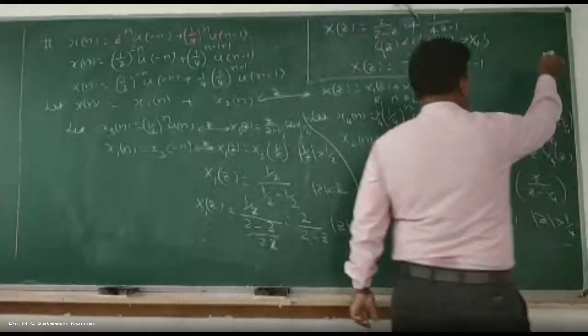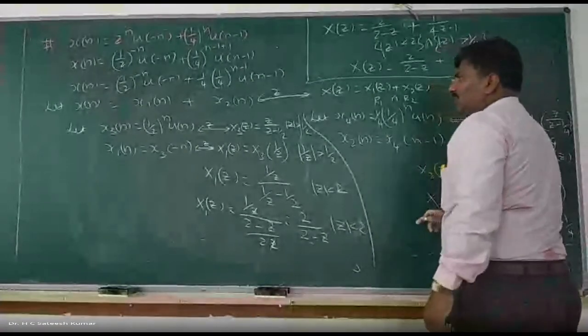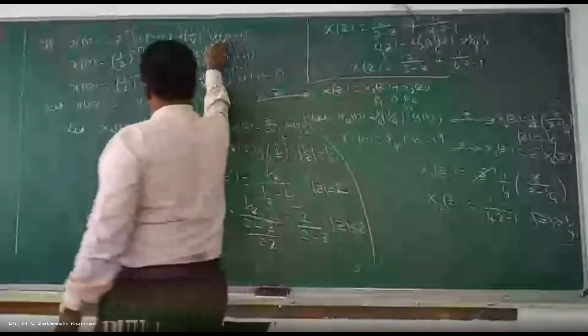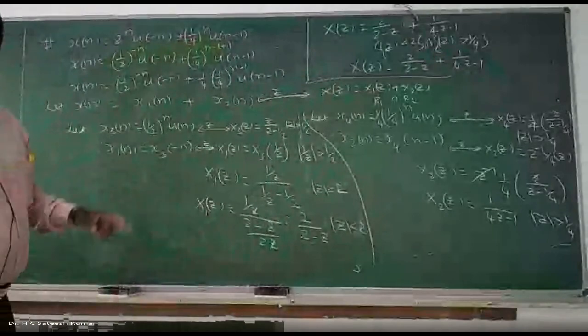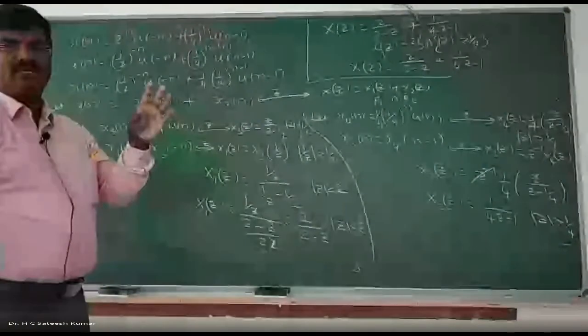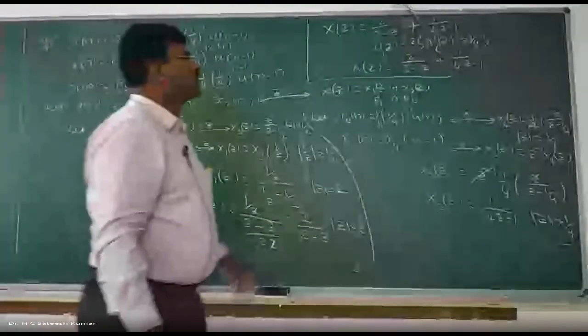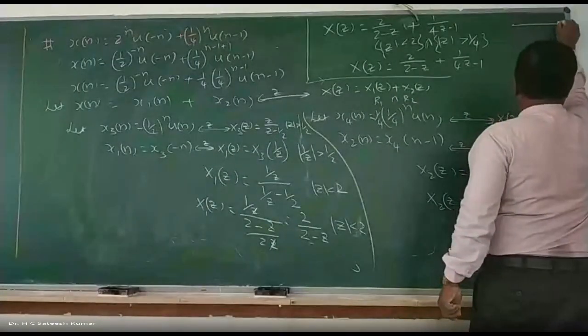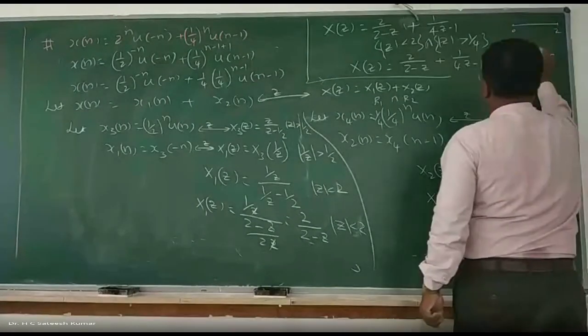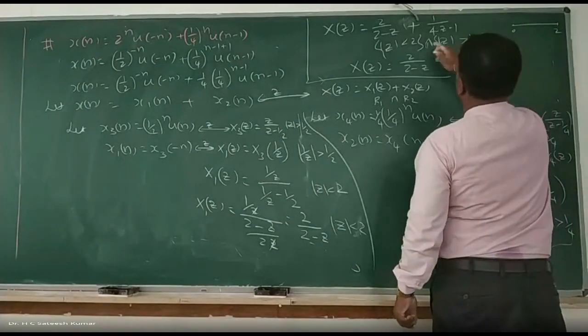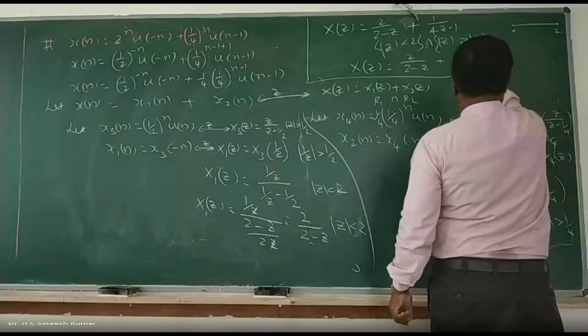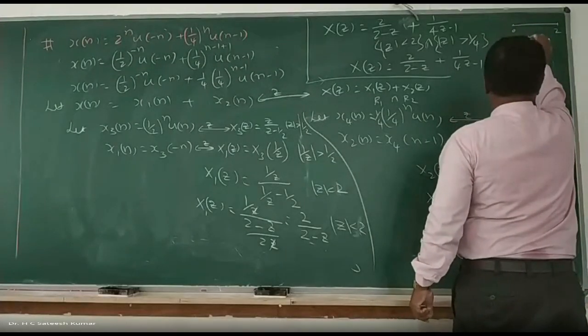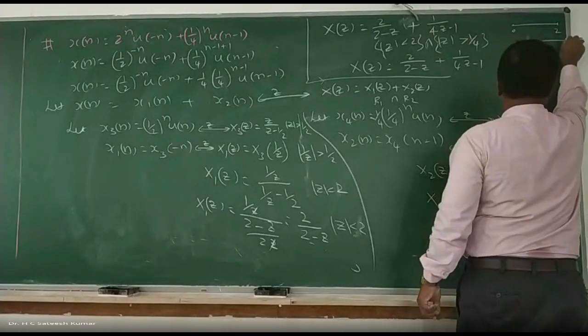So this is a two-sided sequence: one part is a right-handed sequence and the other is a left-handed sequence. For a two-sided sequence, the ROC is a ring in the z plane between the poles. What do we have? The first one ranges from 0 to 2, that is, less than 2. The second one is greater than 1 by 4, ranging from 1 by 4 to infinity.